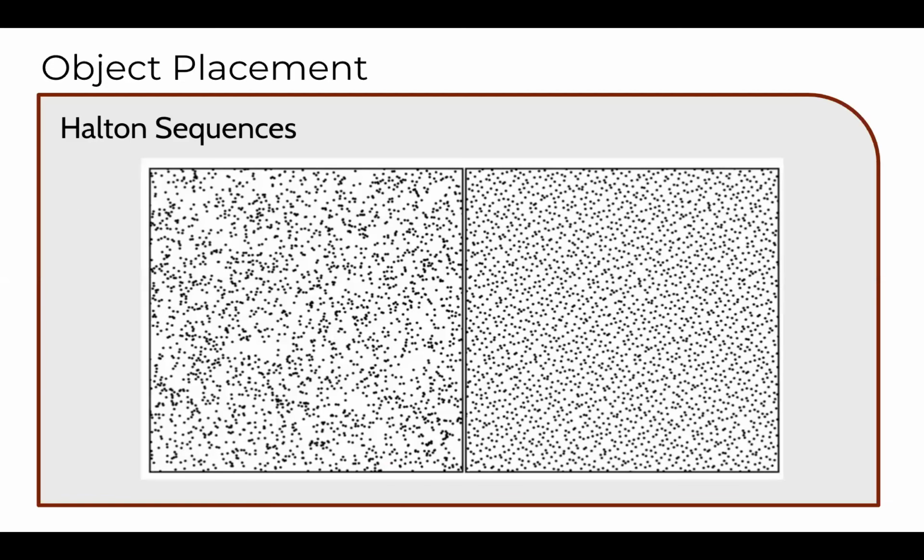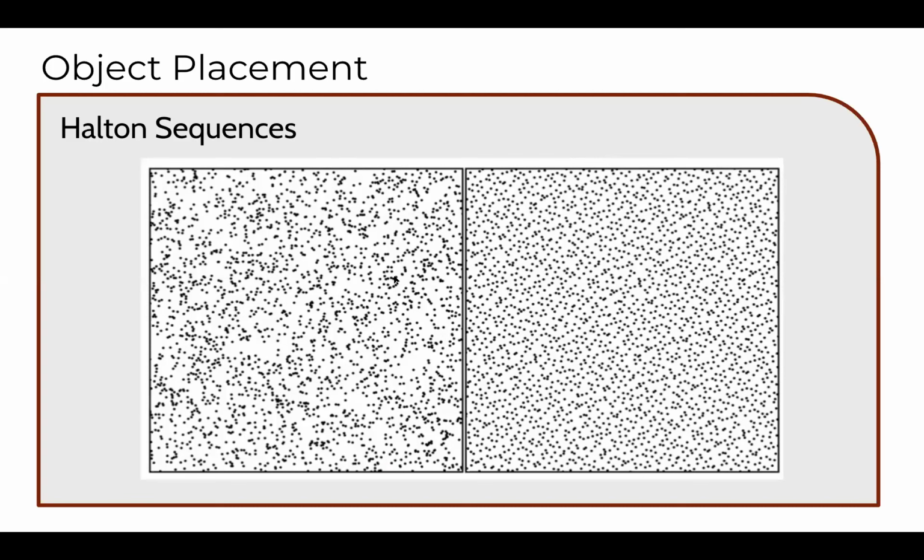So one approach to doing this is based on something called Halton sequences, which are, strictly speaking, not random or even pseudo-random as an approach. But the thing is, they look more reasonable for certain applications.